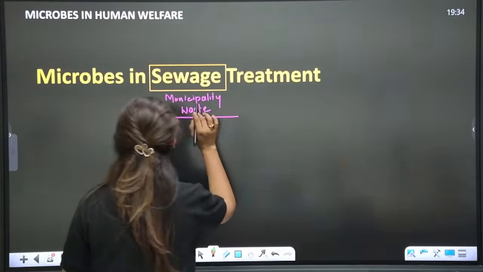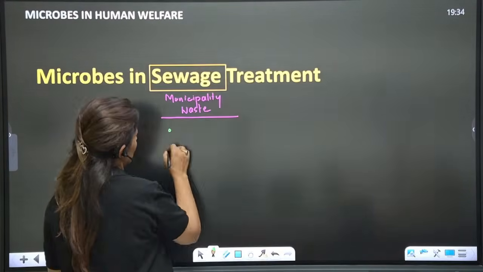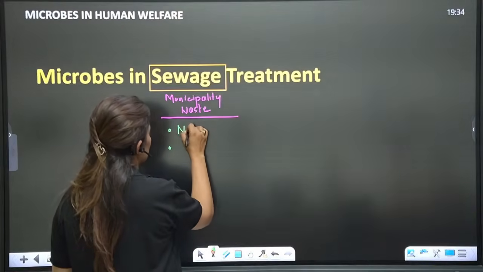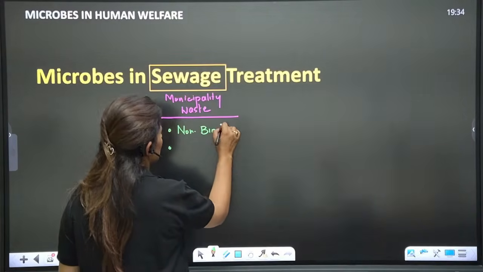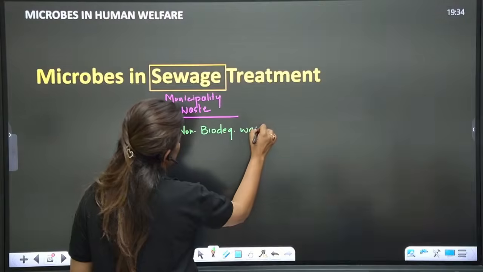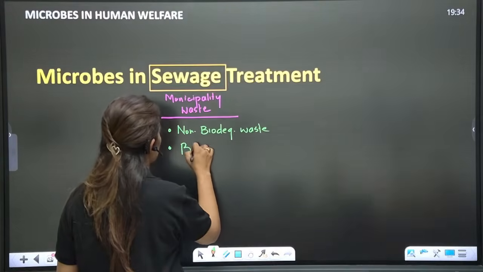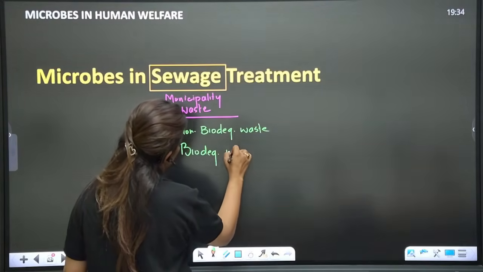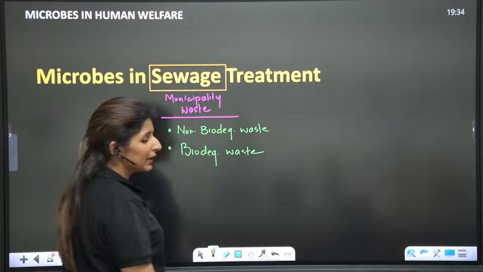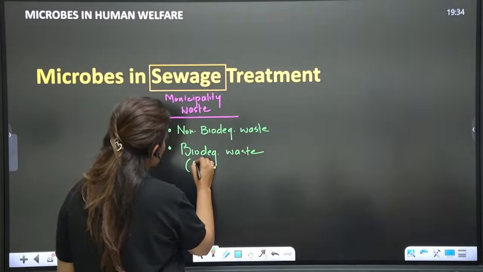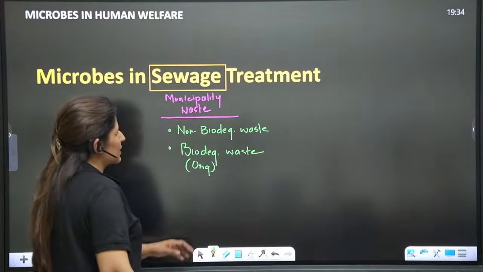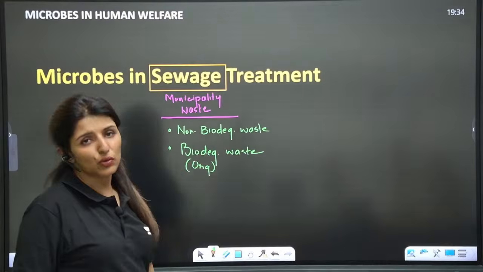So please understand that municipality waste has two types of components. One is the non-biodegradable waste, and it has the organic or the biodegradable waste. And both these wastes have to be treated differently, right? So the first and the foremost step is that you have to separate these two wastes.